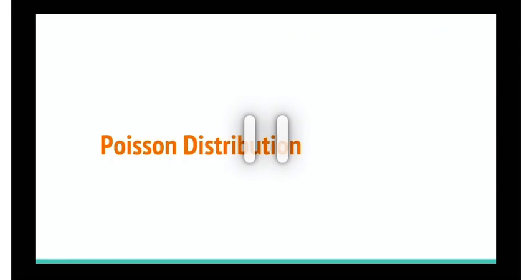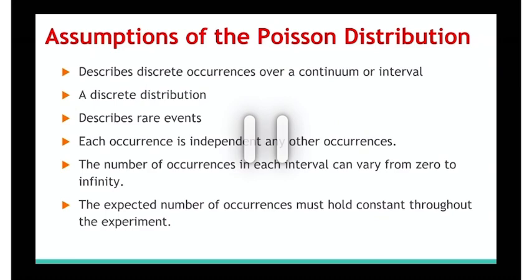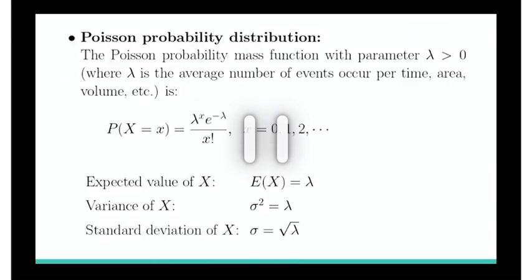So we have Poisson distribution, a distribution of a discrete random variable. We use this distribution to model rare events, like events that occur in a blue moon, events that don't occur frequently.